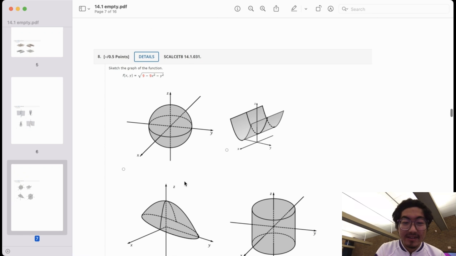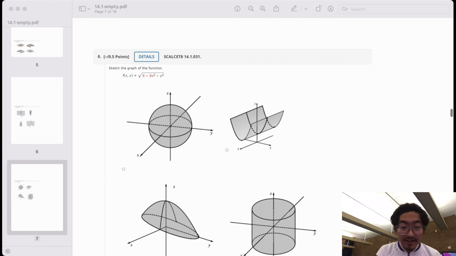For this one, it's the same thing but with different shapes here. We write them out; this is definitely something like a circle, like a sphere here. So it is this one.